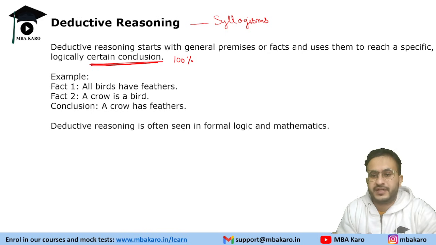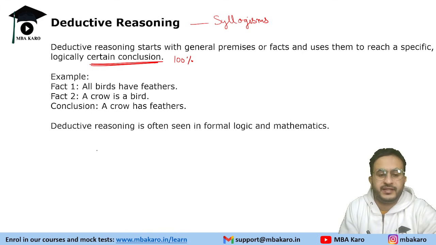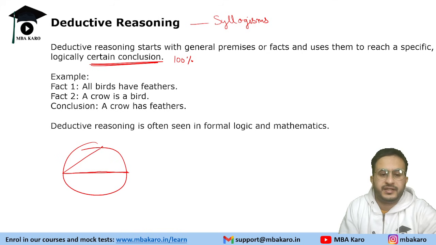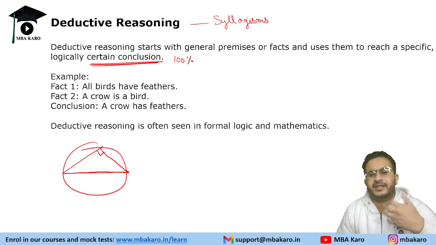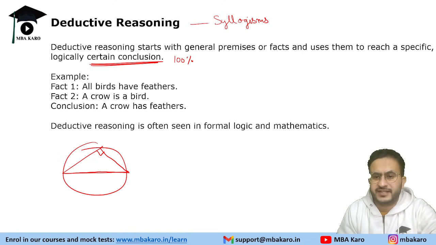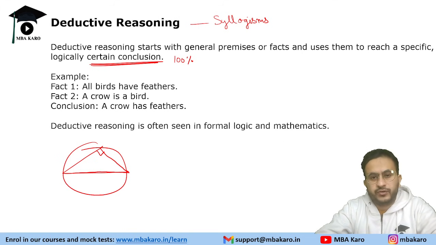Or, if the hypotenuse is a diameter, the triangle formed is a right angle triangle. Theorems like the Pythagoras theorem are deductive reasonings, right? Pythagoras theorem says that a square plus b square is equal to c square. So if you conclude something 100%, that is called deductive reasoning. From multiple facts you go to a conclusion.